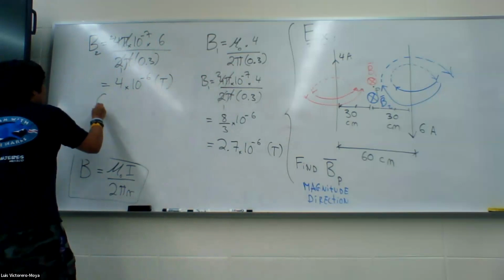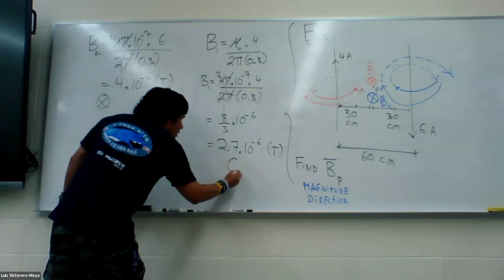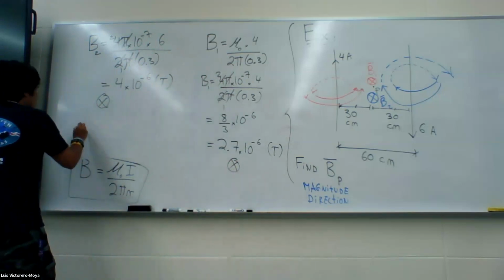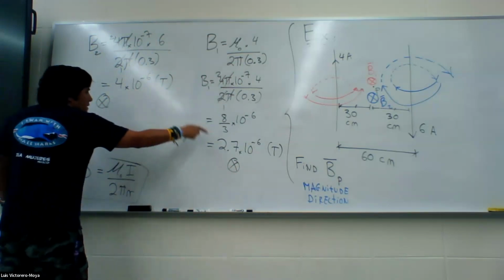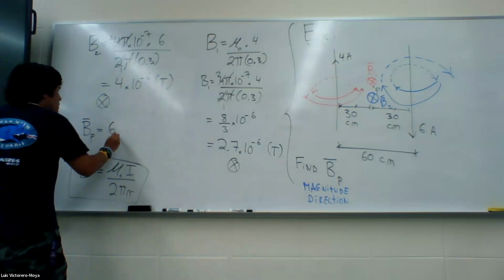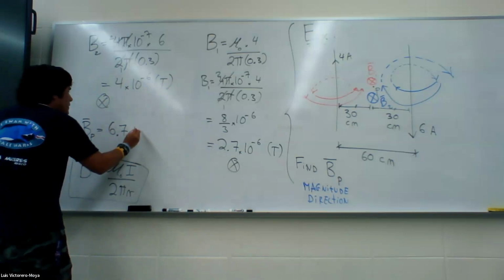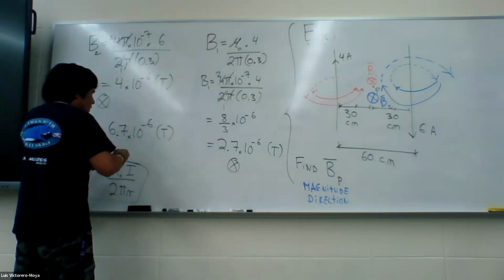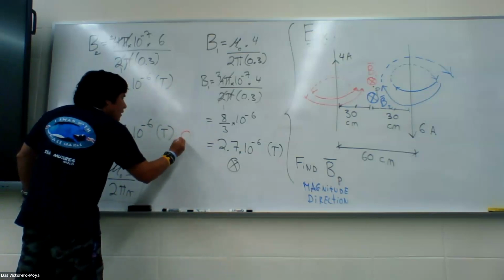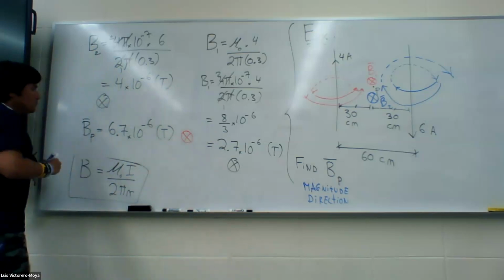We know that it's going into the page, so the magnetic field at P is that plus that: 6.7 times 10 to the negative 6 teslas, and you can write here, into the page.